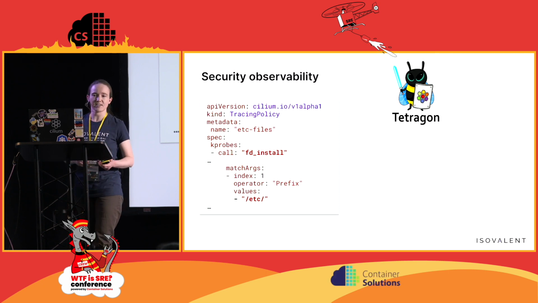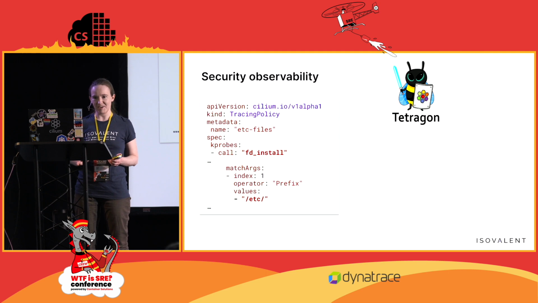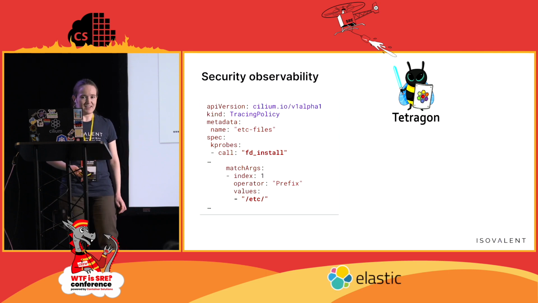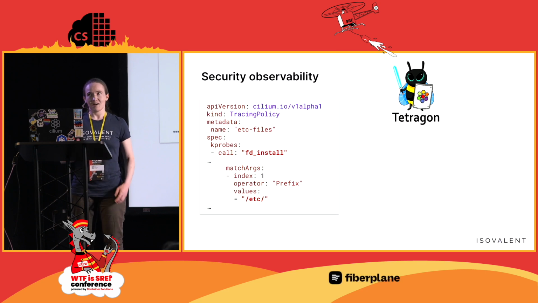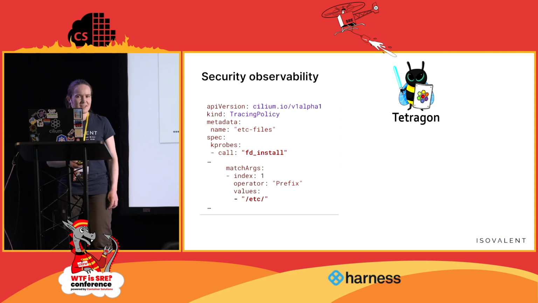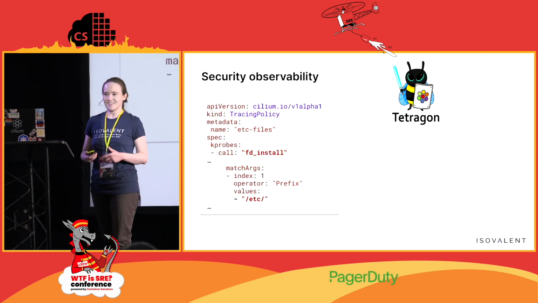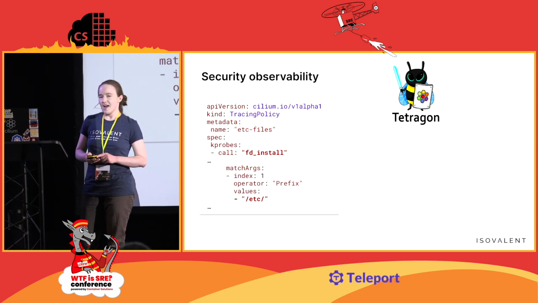It's a kernel function that is responsible for various file operations. And we see that we also define arguments, what arguments have to be passed so that it's called. So in that case, we basically want to see file operations that happen to files under the etc directory.